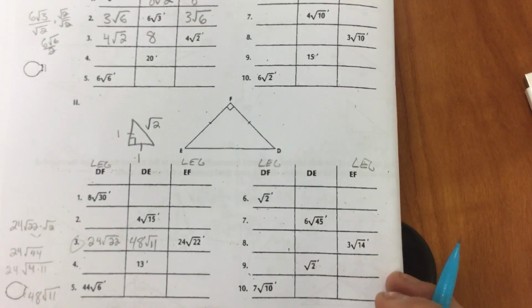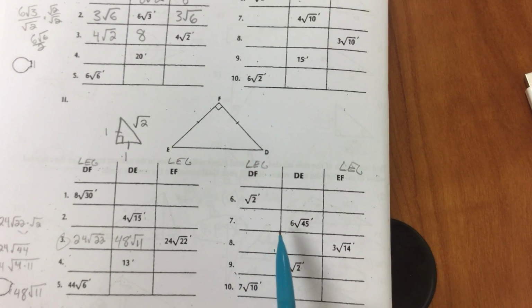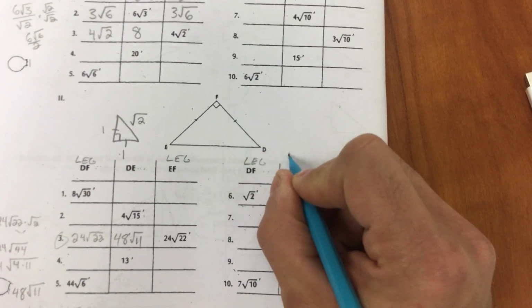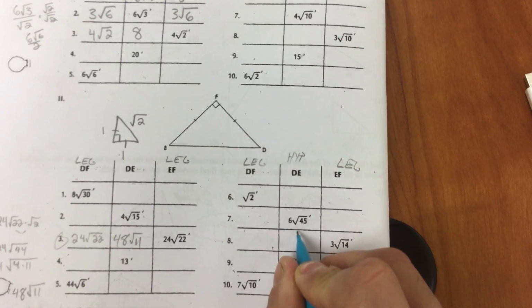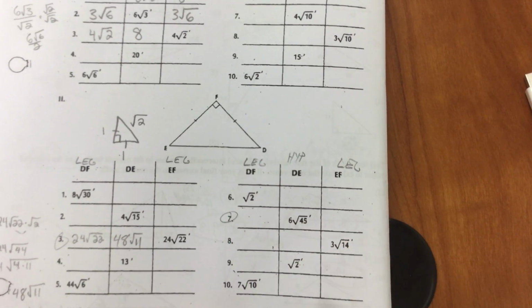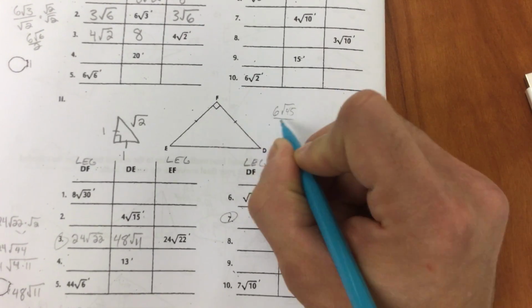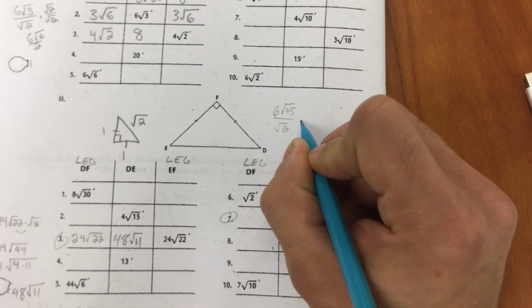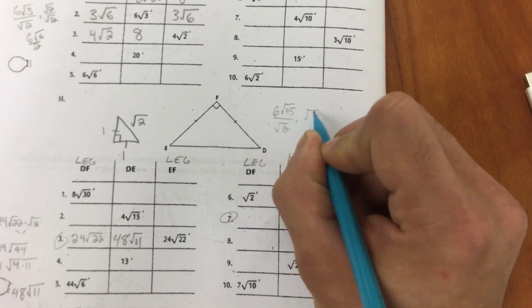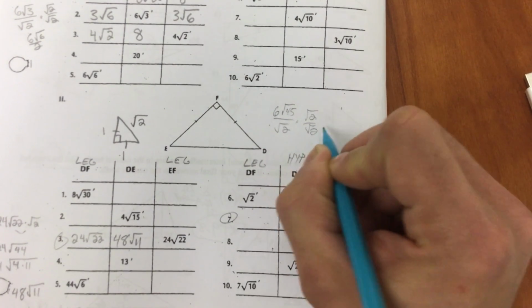Speaking of another one of the harder ones, let's jump over here to number 7. Our hypotenuse is 6 root 45 here in number 7. So I have to take 6 root 45 and divide that by root 2 since I'm working backwards. That means I have to rationalize.